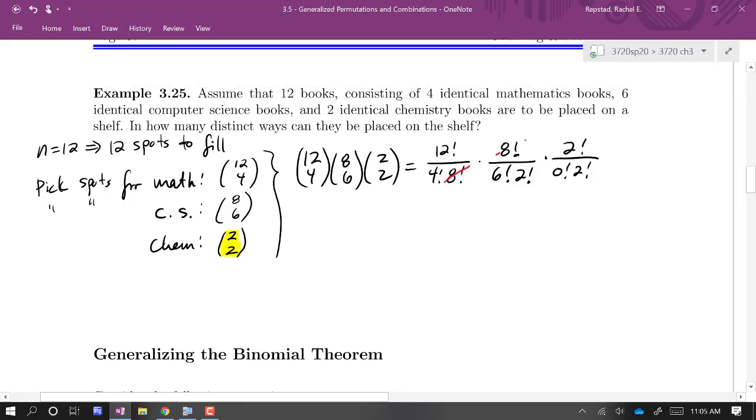Right, we get the 8 factorials cancel, the 2 factorials cancel, 0 factorial is equal to 1. So I have 12 factorial over 4 factorial, 6 factorial, 2 factorial.